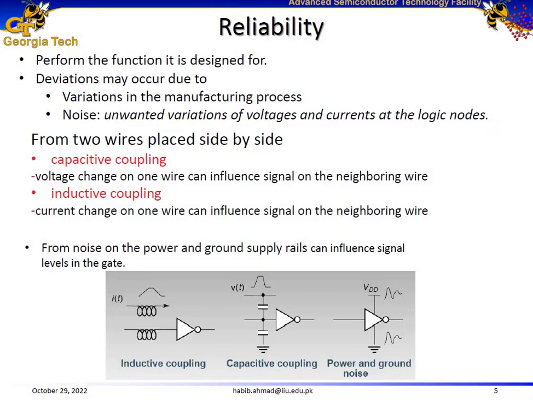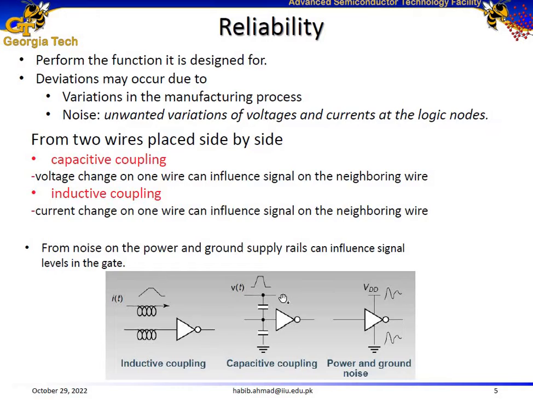So if the design is not robust, if it is not designed well, keeping in mind all the factors related to inductances, a signal from one loop might couple to a signal into the other loop where we have our inverter circuit. Or if two wires are running together, it's just like a capacitor.